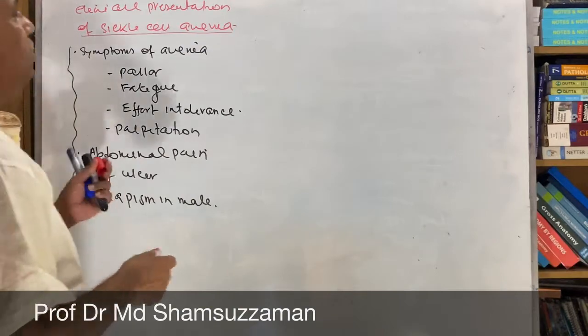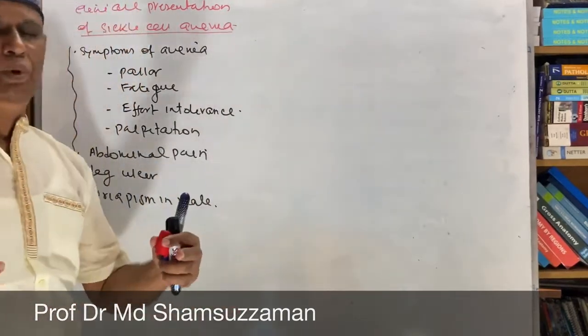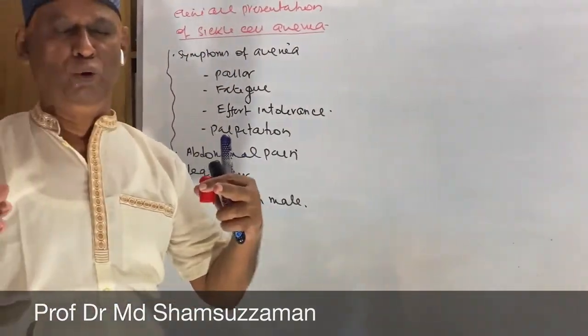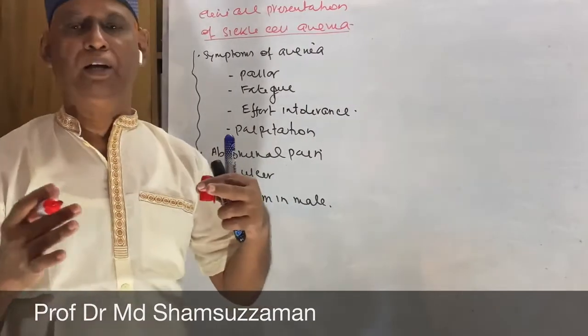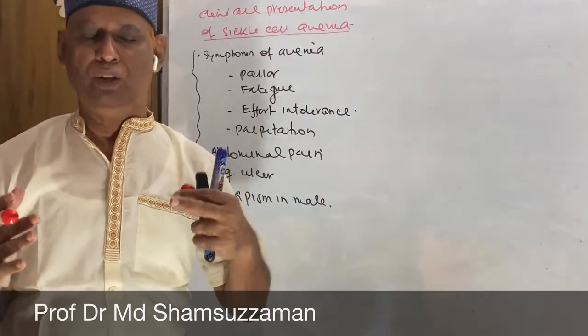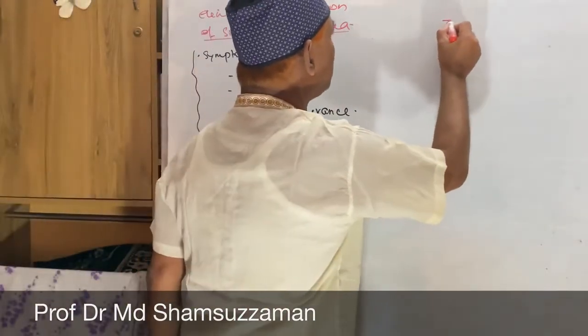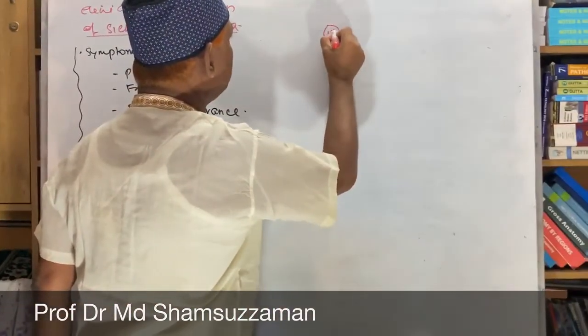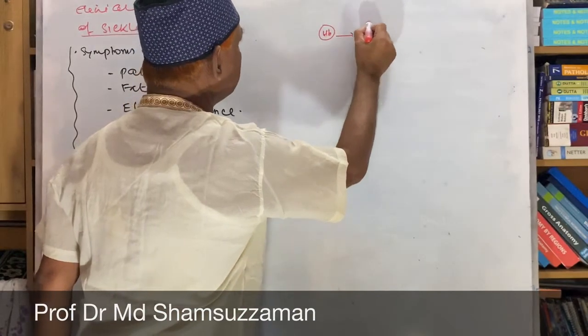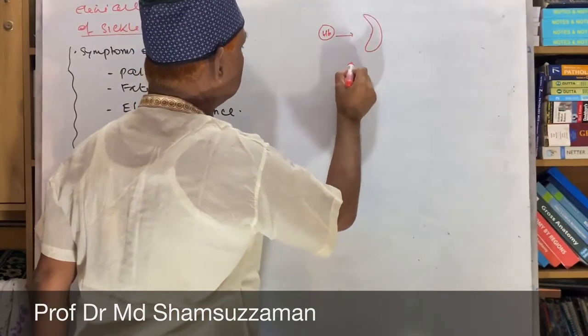Dear audience, you know in sickle cell anemia a sufficient amount of hemoglobin S is produced and it can make the RBC sickle shaped in normal physical condition.